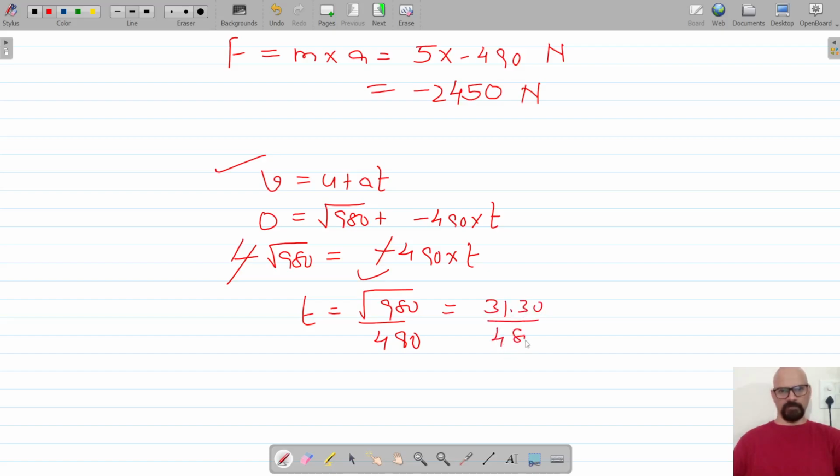It has to be divided by 490, and if we divide 31.30 by 490, that gives us 0.0639, approximately 0.065 seconds would be the time.